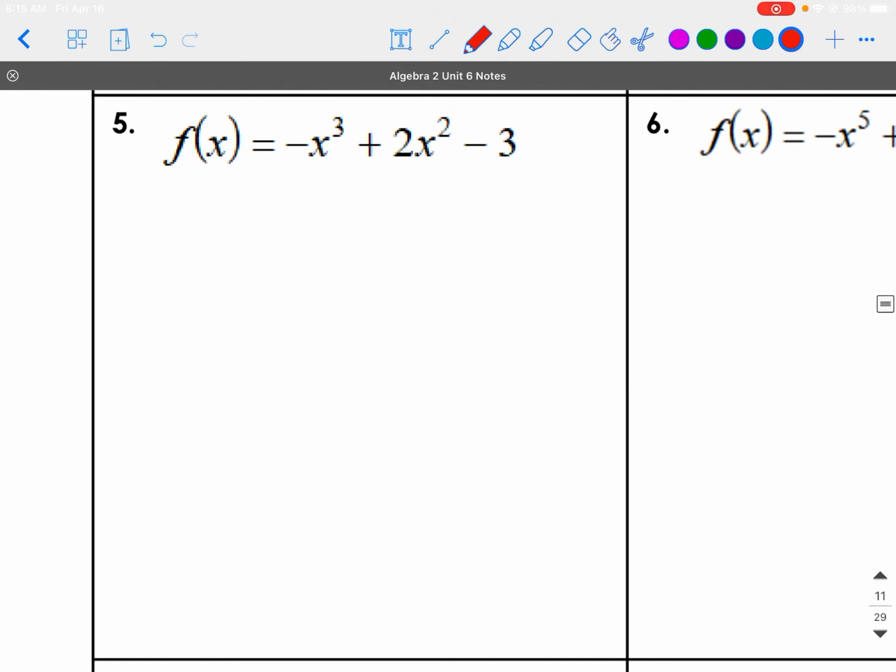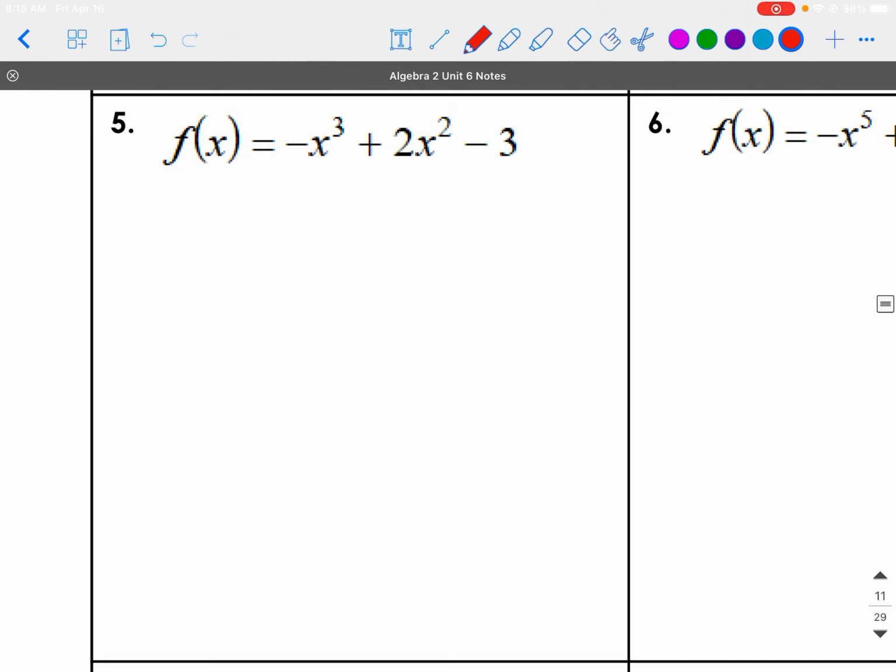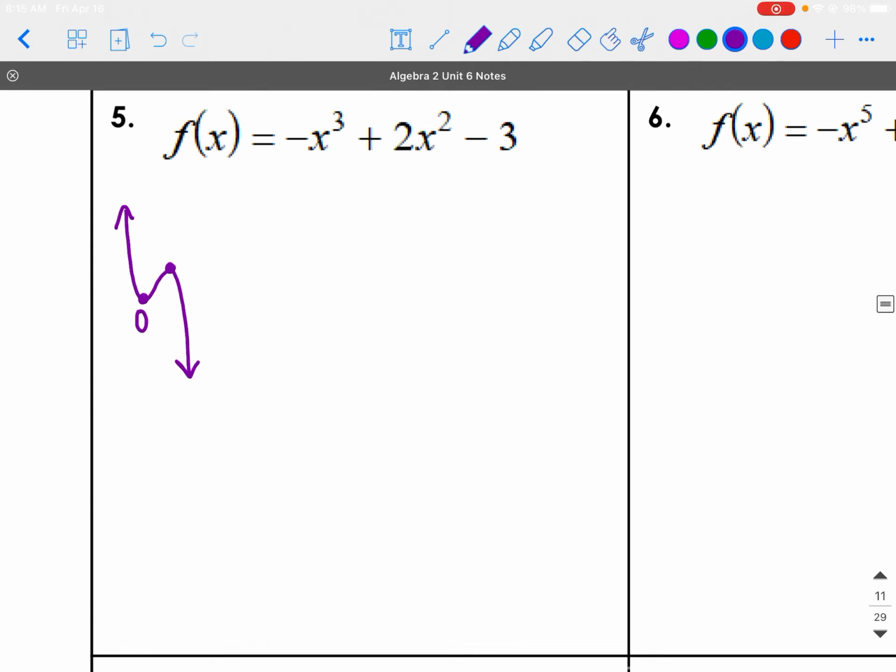Number 5. The graph looks something like that. This minimum had an x value of 0. This maximum has an x value of 1.3.